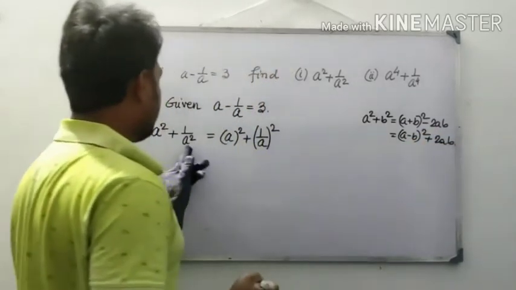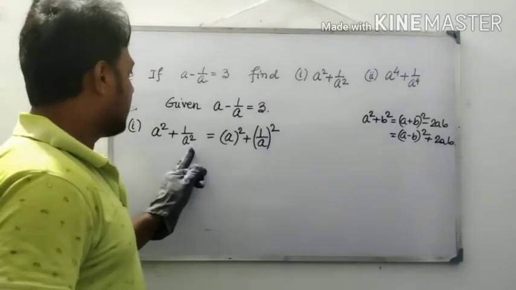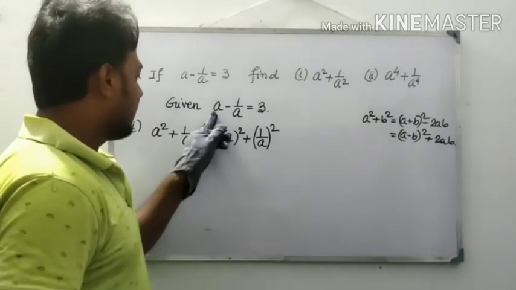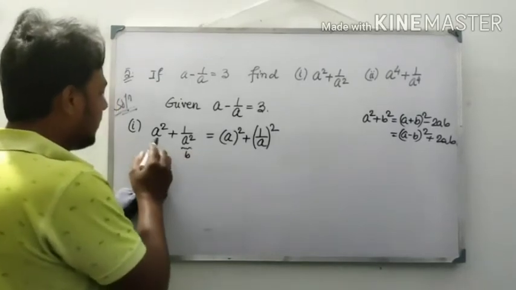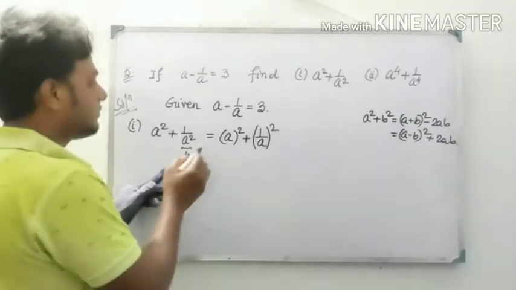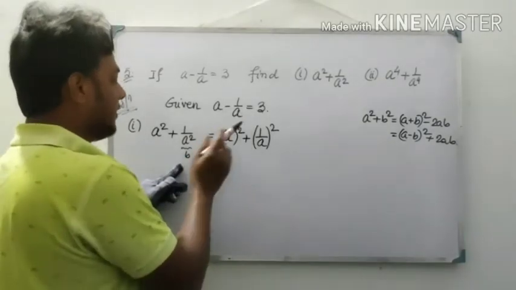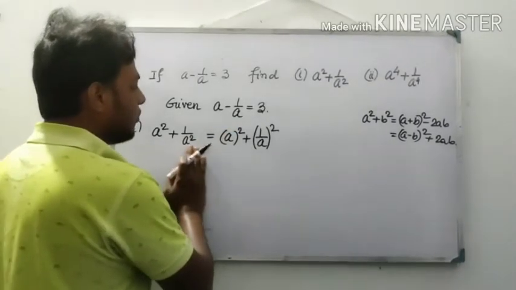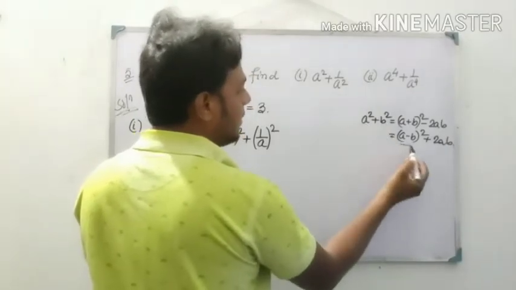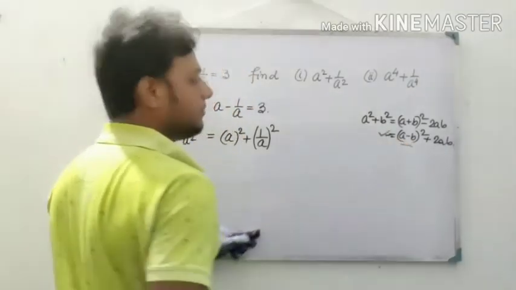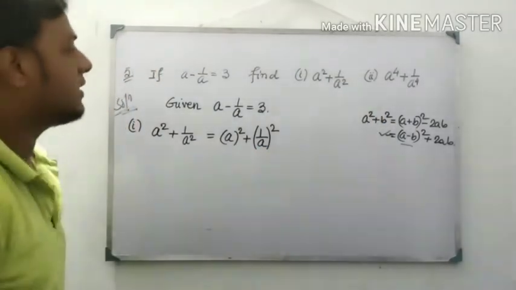So to compute a square plus 1 by a square, if we take this as b, we have to compute a square plus b square, and a minus b is given. So this one is suitable. We have to use the second form.